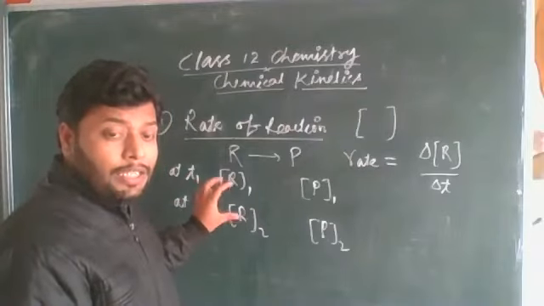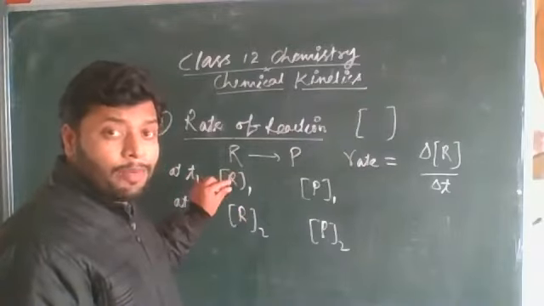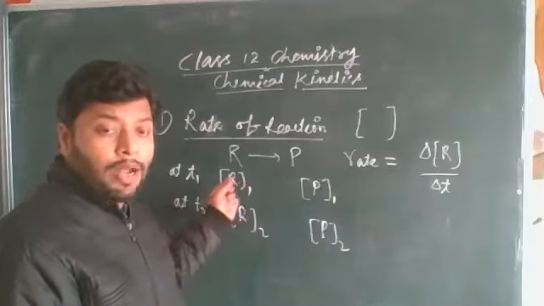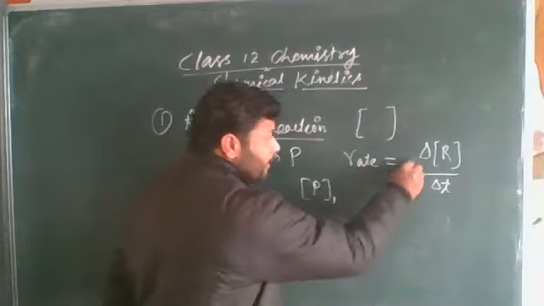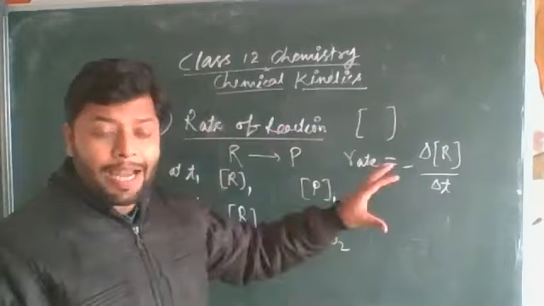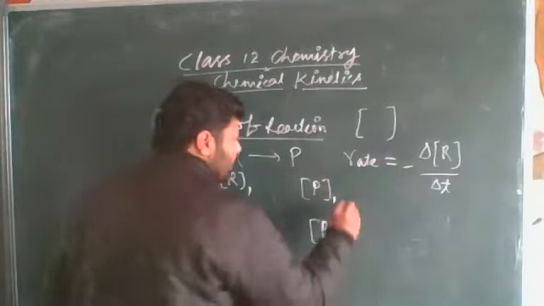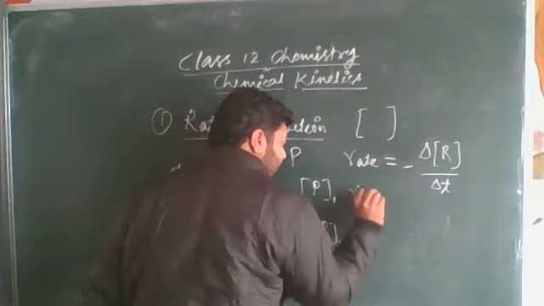But we know that the difference R2 minus R1 will be negative because R2 is smaller than R1. So we have to put a negative sign here, which keeps the rate of the reaction positive.